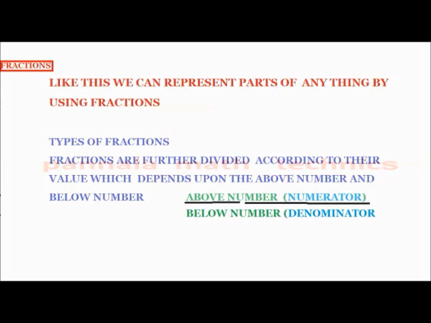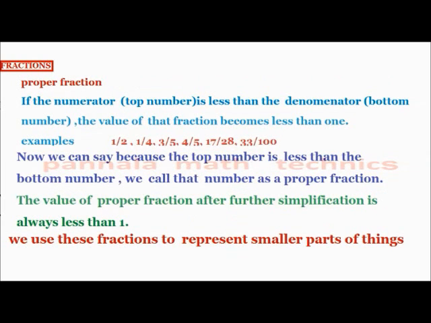Now, types of fractions. Fractions are further divided according to their value, which depends upon the above number and below number. Now the above number we call the numerator, the below number the denominator. If the top number is less than the bottom number, that means the numerator is less than the denominator, the value of the fraction becomes less than 1.